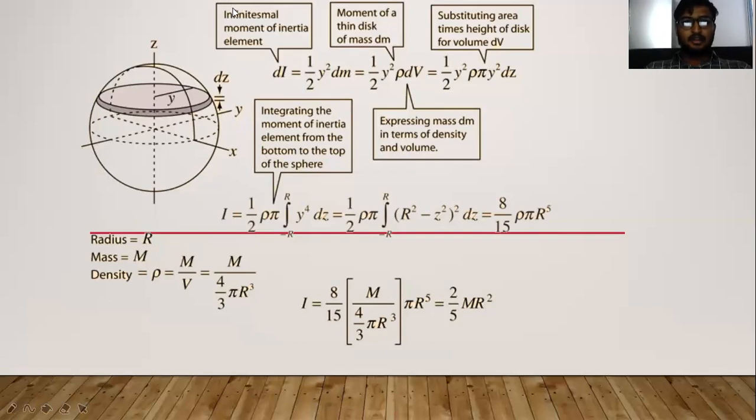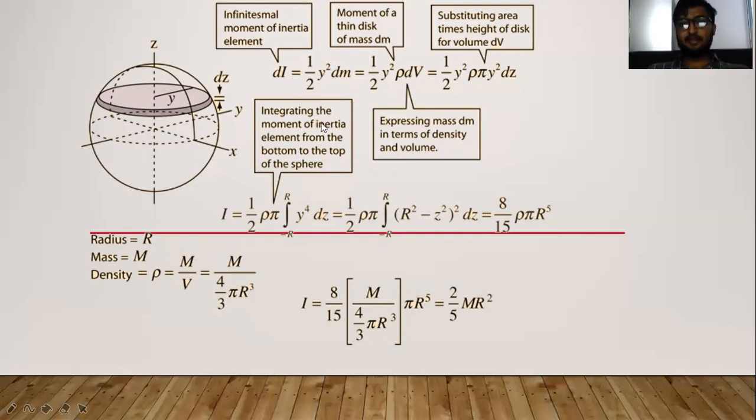Here, the moment of inertia of the element dI is equal to 1 half y square dm, which is 1 half y square rho dV, expressing mass dm in terms of density. We already discussed this topic.